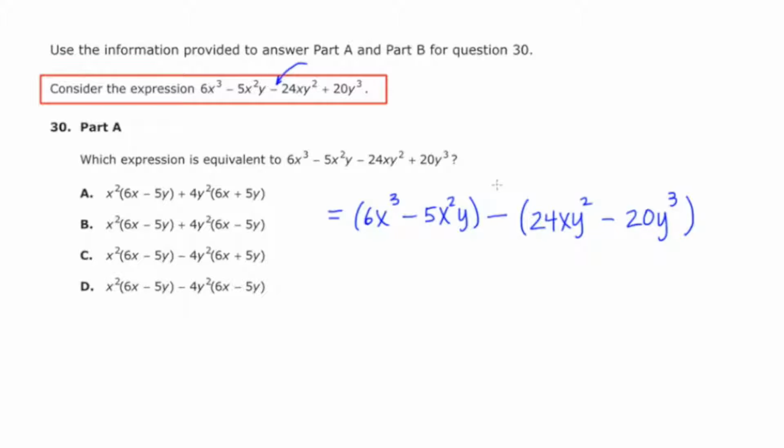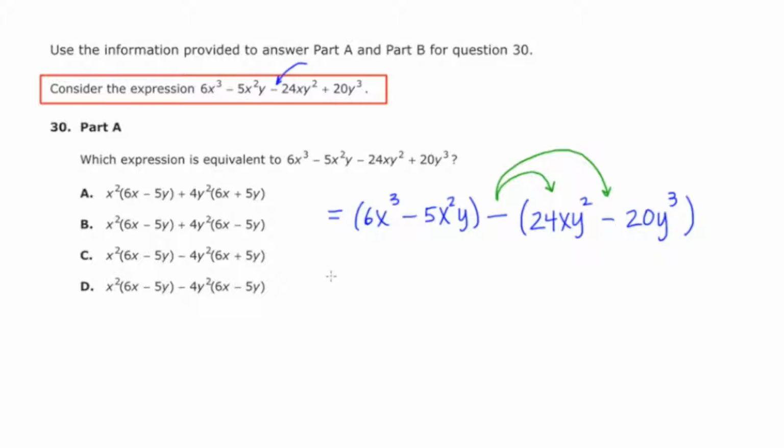So that's going to flip-flop the signs for the third and fourth term. Now, if you're unsure of that whole process, what you could do is redistribute the negative through just to check that you have what you started with. Now, the opposite of 24xy squared is negative 24xy squared. And if we do the opposite of negative 20y cubed, we get positive 20y cubed.